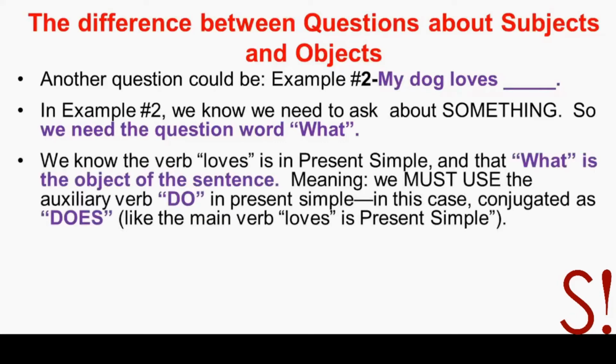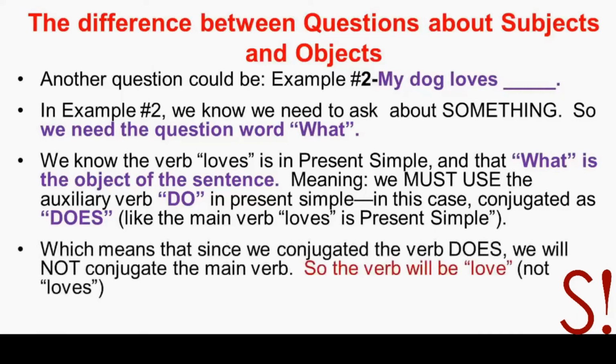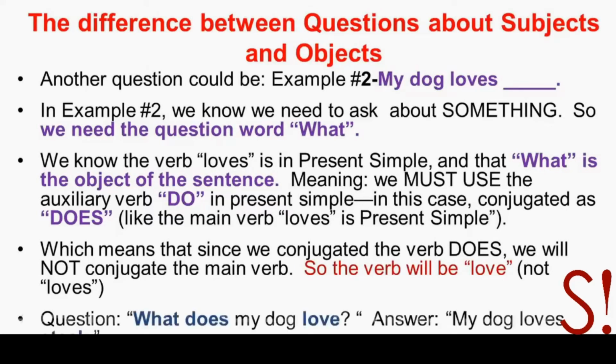We know the verb loves is in present simple and that what is the object of the sentence, meaning we must use the auxiliary verb do in present simple, in this case conjugated as does, like the main verb loves is present simple. Which means that since we conjugated the verb does, we will not conjugate the main verb, so the verb will be love, not loves. Question, what does my dog love? Answer, my dog loves steak.